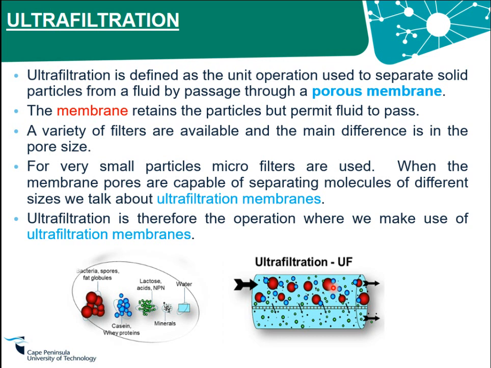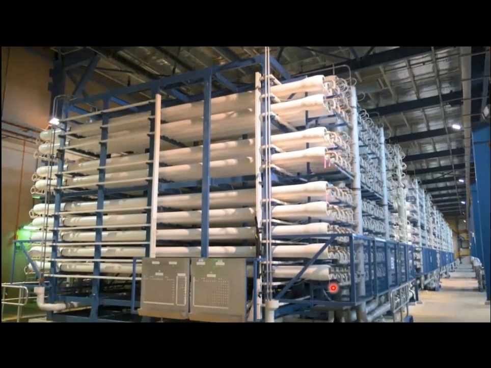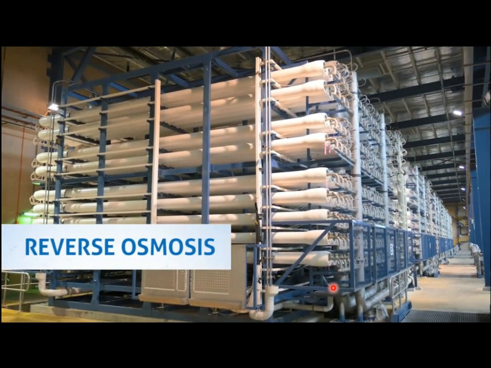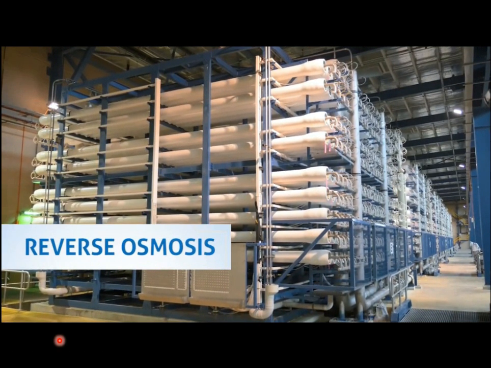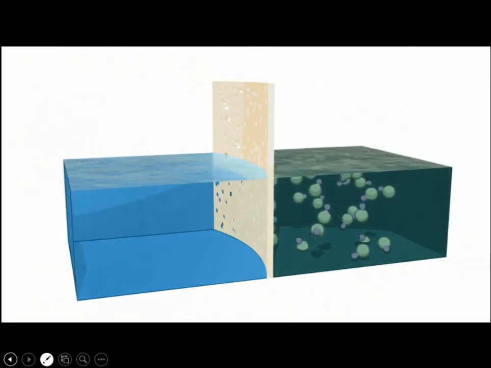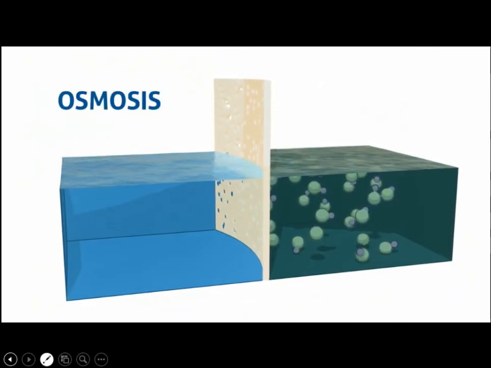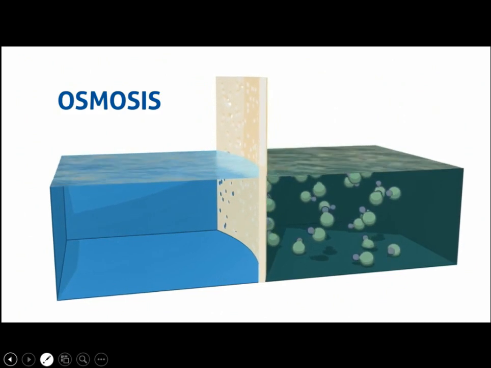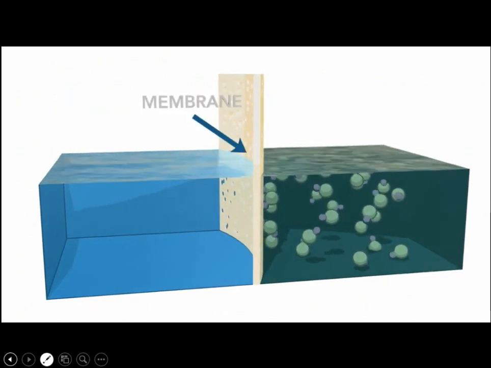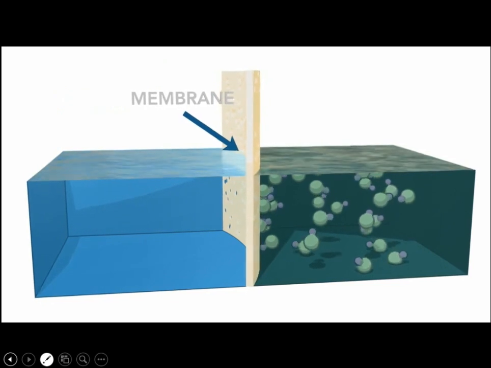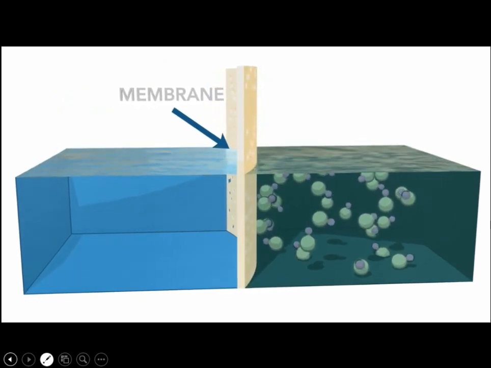So now that we understand a little bit about ultrafiltration, let us try to decipher what reverse osmosis is. In order for us to understand reverse osmosis, we need to understand what osmosis is first. So, osmosis is a natural phenomenon whereby water passes through a semi-permeable membrane from a solution of low salt to a high salt concentration.